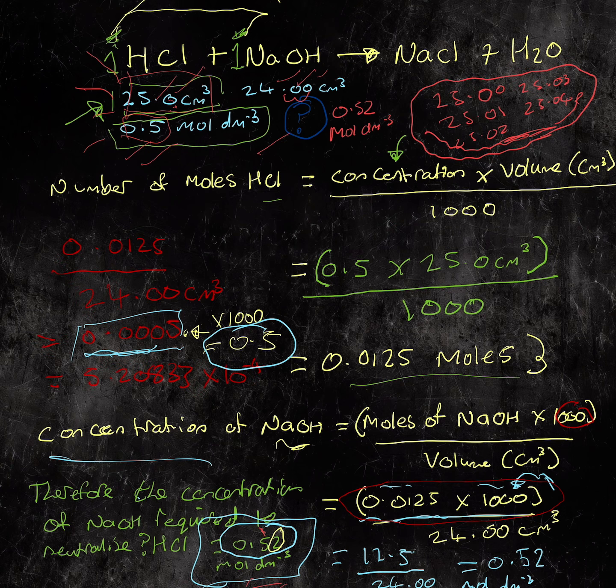And always do that unless it asks for a different measurement of volume. But concentration is measured in dm cubed anyway, so you've got to remember that. Don't give the concentration in cm cubed unless it specifically asks for it. So you always have to convert it.